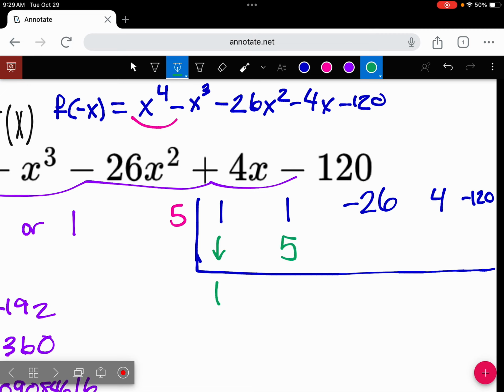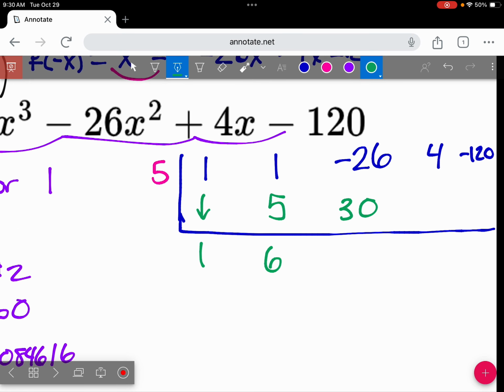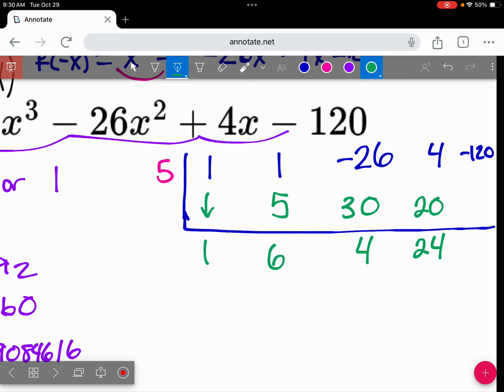Multiply: 1 times 5 is 5. 5 plus 1 is 6. 6 times 5 gives me 30. We add those together, we've got 4 times 5 is 20. Add them together, we get 24. 24 times 5 is our 120. So we have our remainder of 0. Yay!